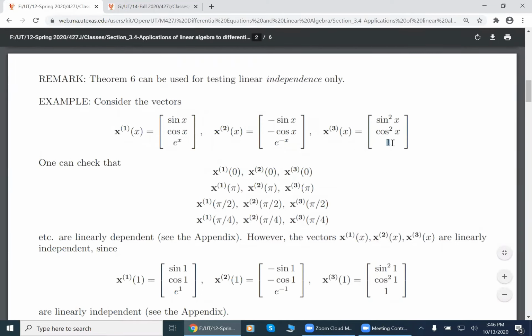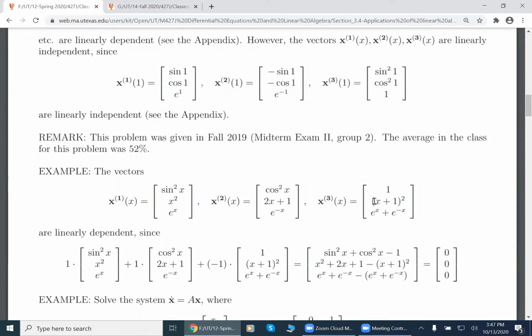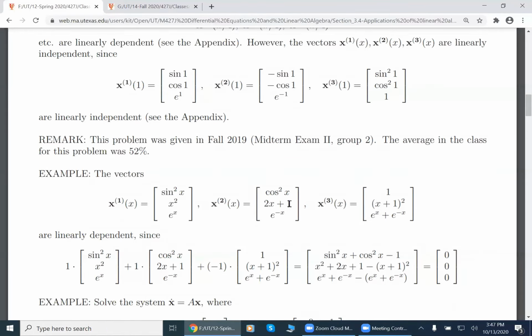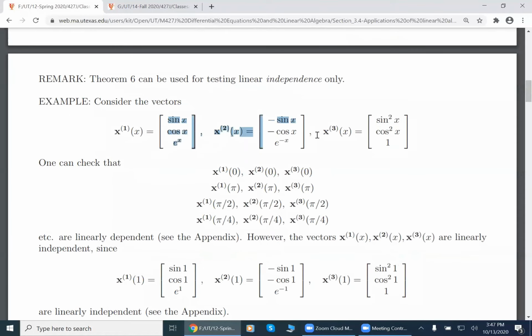So if I give you a problem that involves identities, these identities will be more or less straightforward. Everybody knows sine square plus cosine square. Everybody knows x squared plus 2x plus 1. If you do not see something obvious, plug in numbers until you get linearly independent columns.